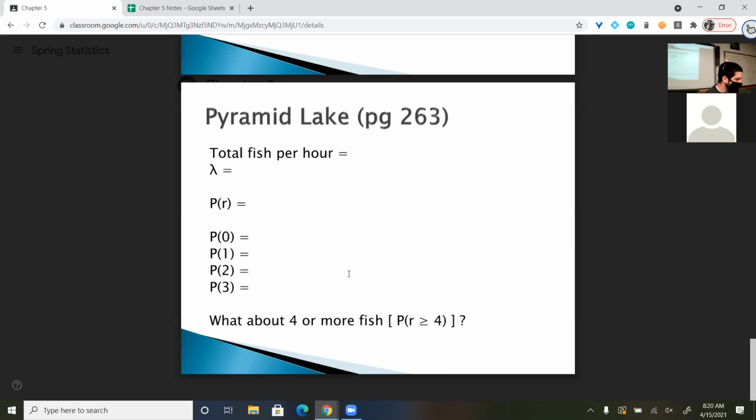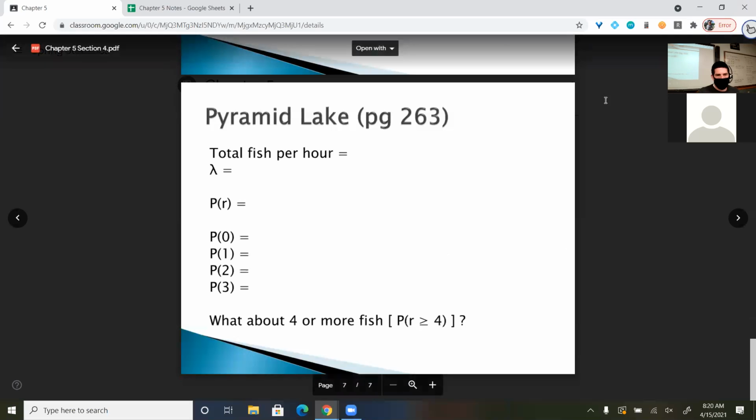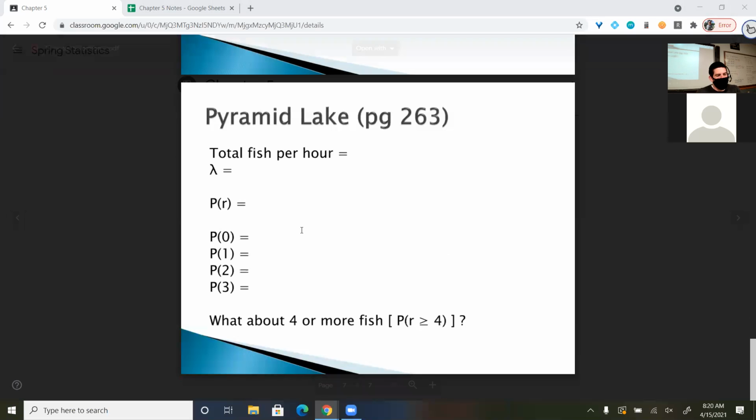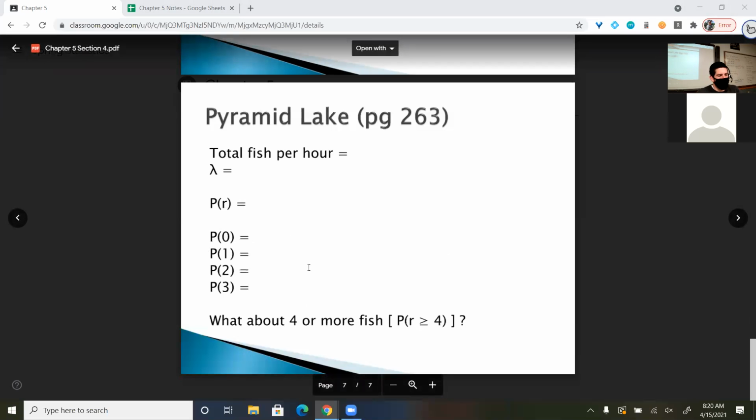So they said that usually you should expect to catch 2/3 of a fish per hour. So that would be 0.66666 or 0.667 fish per every hour. What I want to figure out is what's the probability of catching 0 fish, 1 fish, 2 fish, 3 fish, or 4 or more fish.